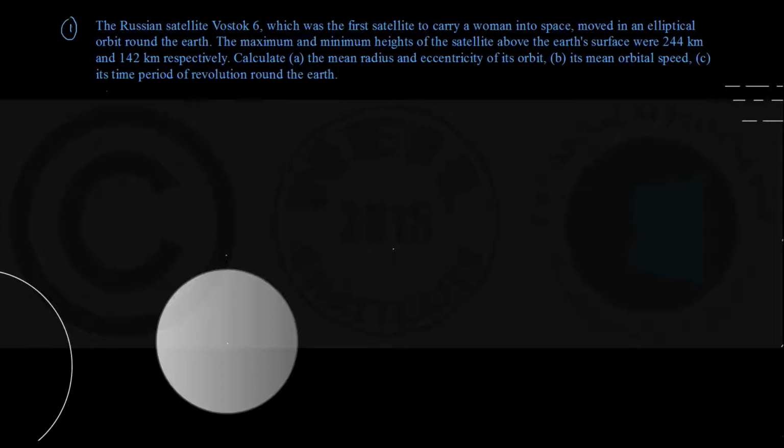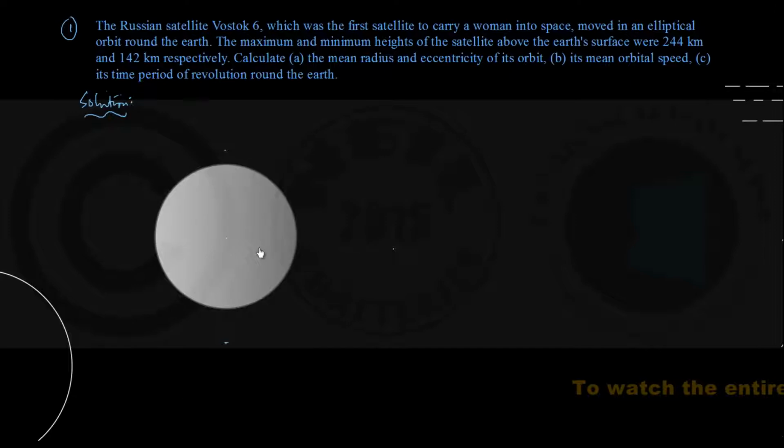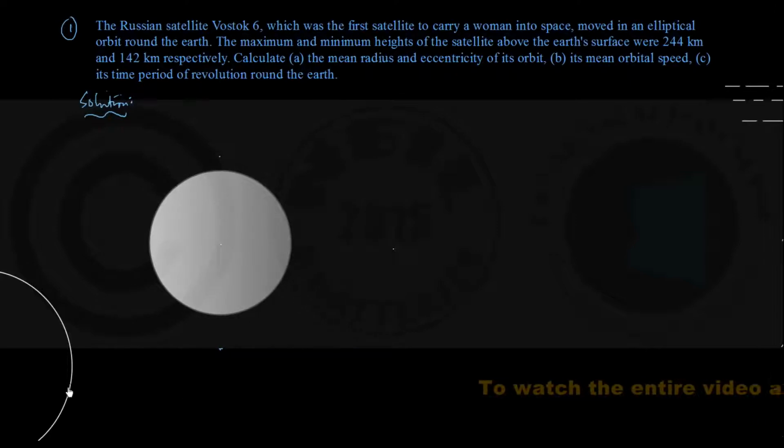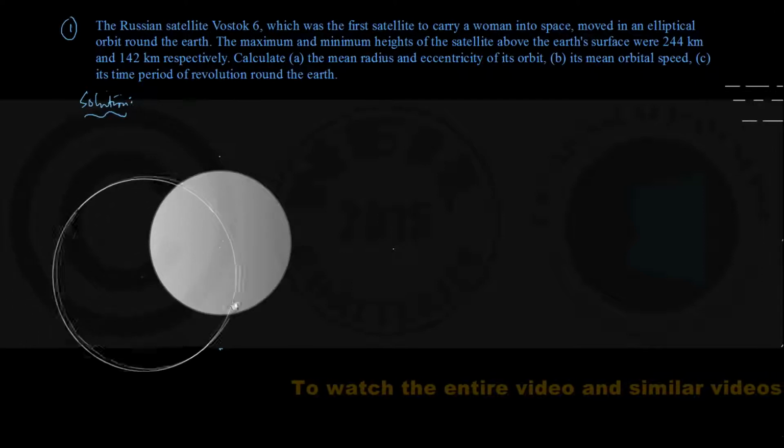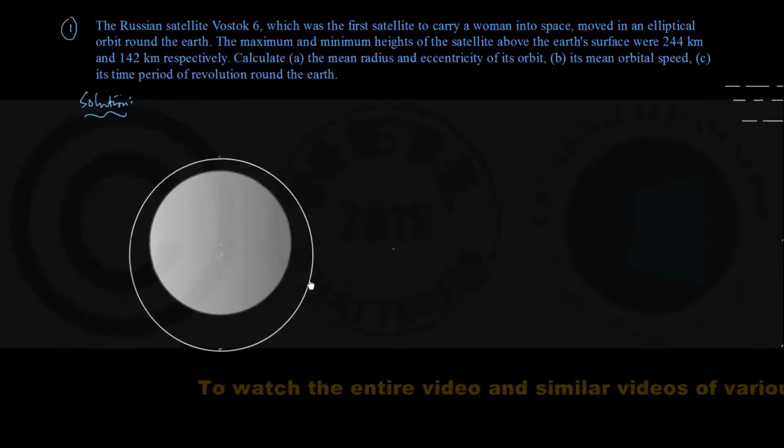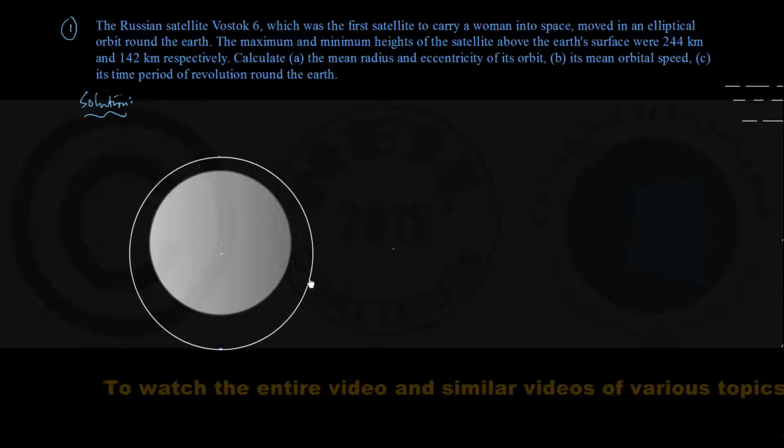So first of all, let us draw a figure to understand the situation and the data given in the problem. This is a spherical Earth, and around it, Vostok 6 is orbiting in an elliptical path, which I am trying to show here in my figure.